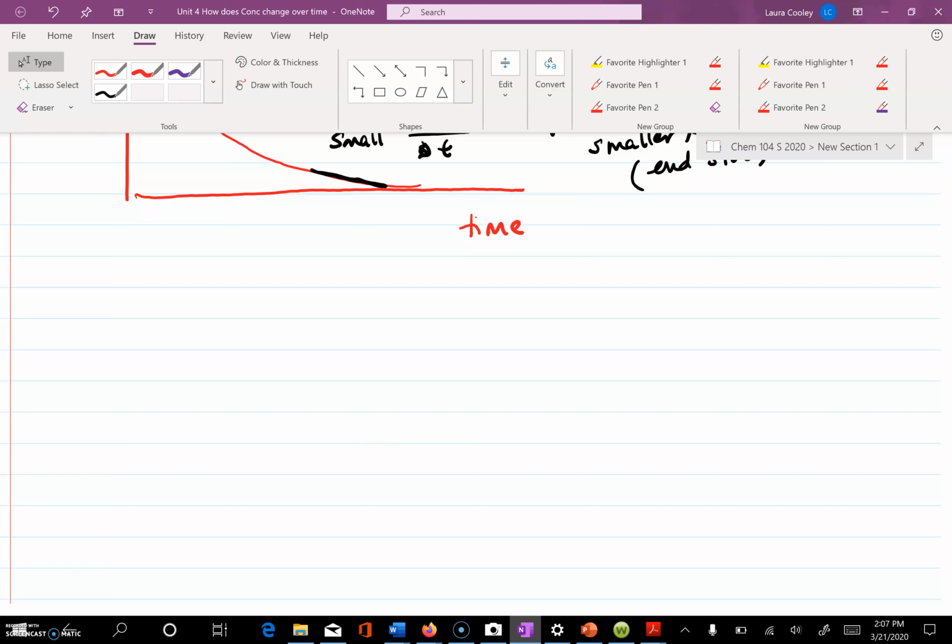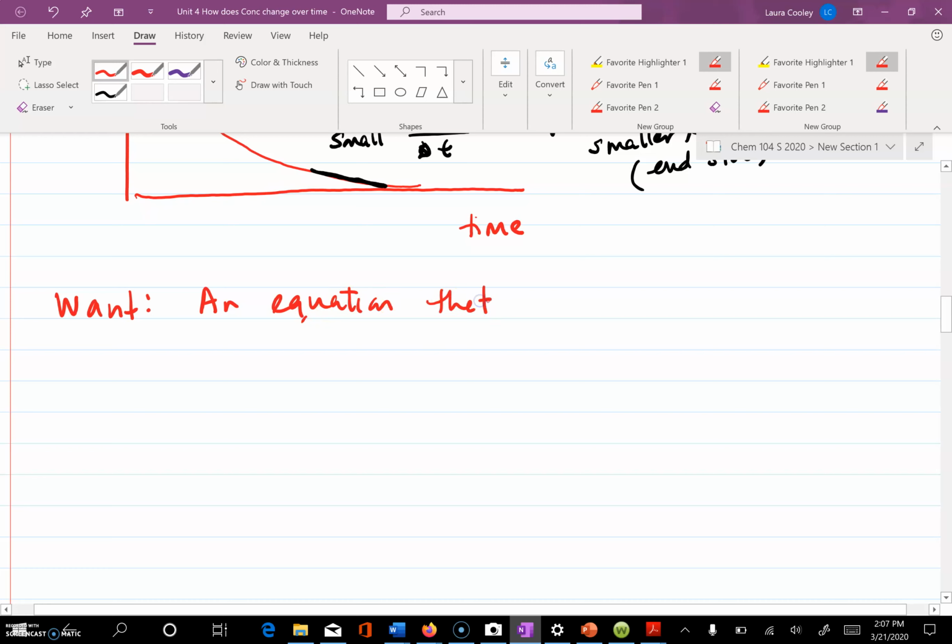There's a problem, okay? So in order to come up with an equation, what we really want here is an equation that relates concentration of reactants. And in this case, like I said, we're doing first order, so there is really only one reactant.